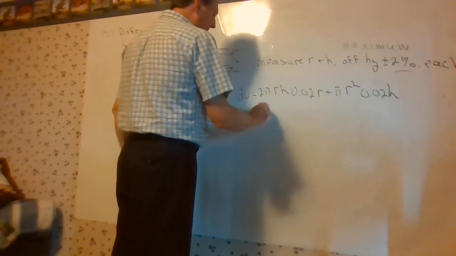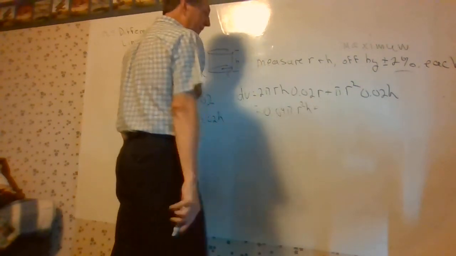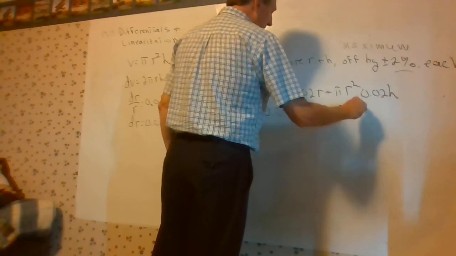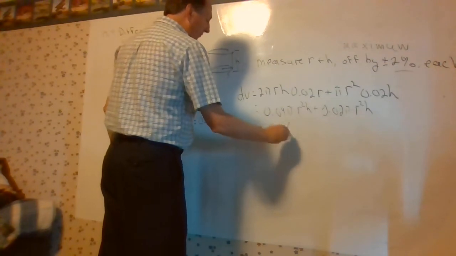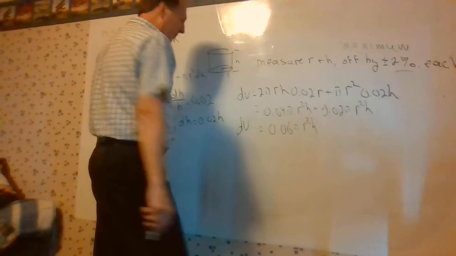And then what we can do is multiply 0.02 times 2 is 0.04 pi r squared h, plus 0.02 pi r squared h, and we get 0.06 pi r squared h. Well, we have dV equals.